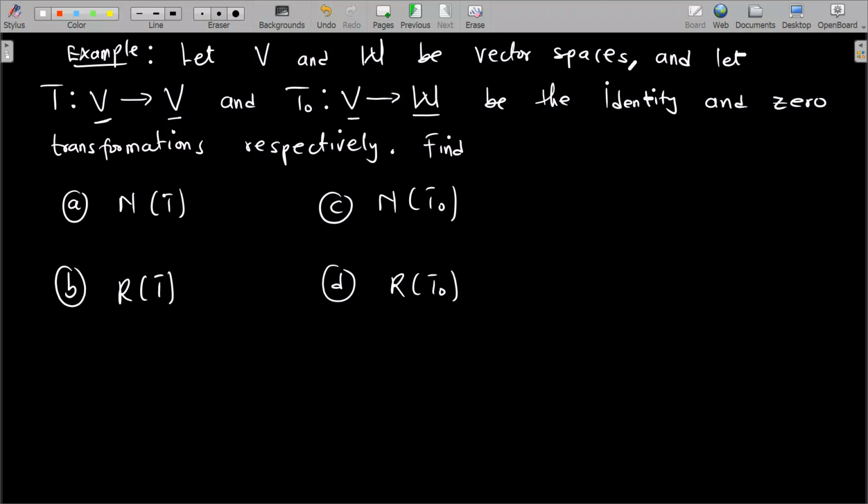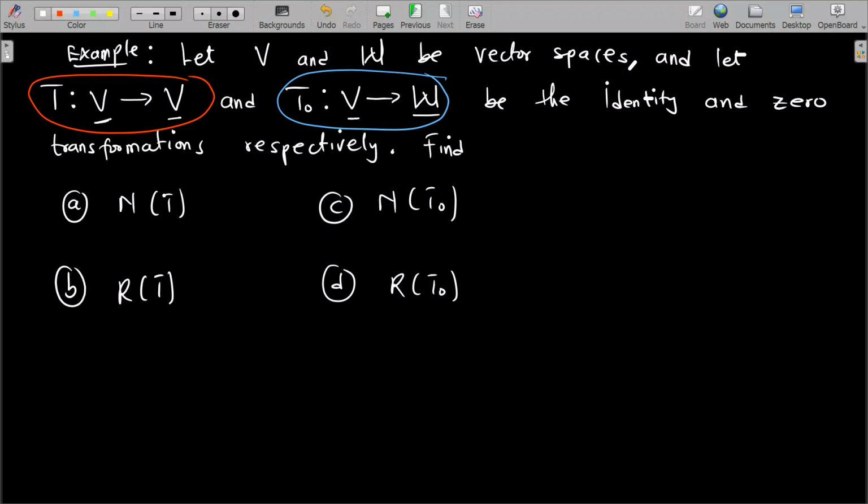So what this means is that this first transformation here corresponds to the identity transformation, and this second one corresponds to the 0 transformation, right? So the identity transformation, what does it say?